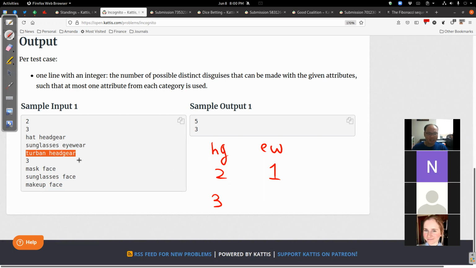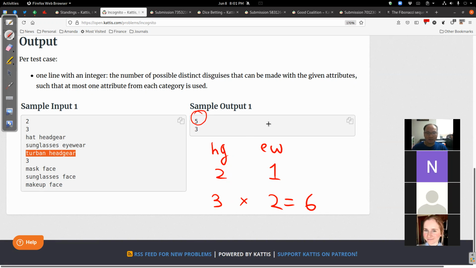You can choose the hat, you can choose the turban, or you can choose to have no headgear. How many eyewear choices? You can choose to have sunglasses, or you can choose to have no sunglasses. So altogether, the total number of possible configurations is 6: which headgear you wear or not, which eyewear you wear or not.